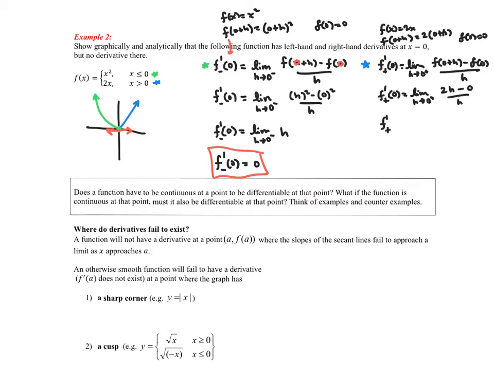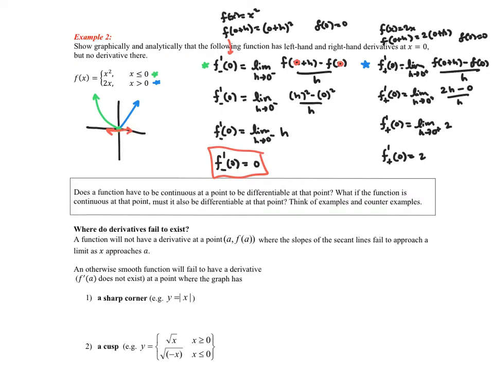So the derivative, or the slope, of the tangent line at x equals 0 is the limit as h approaches 0 from the right of 2h over h, which is equal to 2. And therefore, we see that the slope of the function f of x coming from the right at x equals 0 is equal to 2.